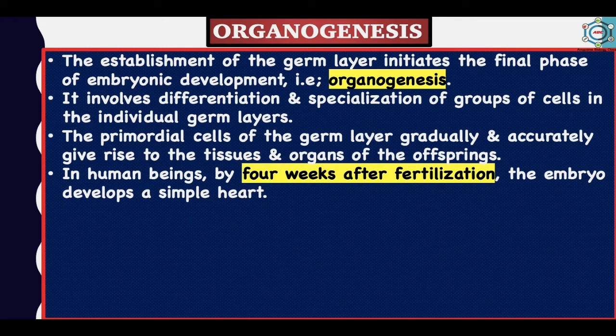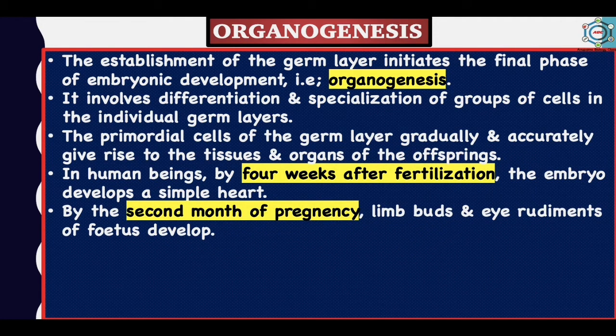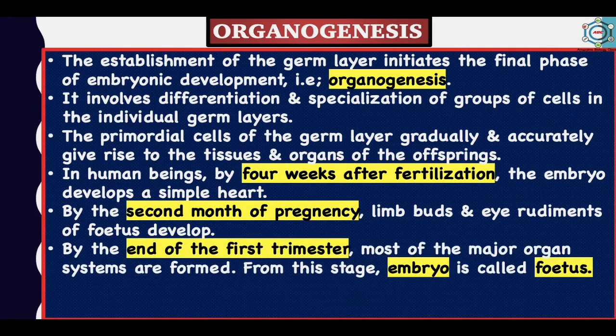In human beings, by 4 weeks after fertilization, the embryo develops a simple heart. By the second month of pregnancy, limb buds and the eye rudiments of the fetus develop. By the end of the first trimester, most of the major organ systems are formed. From this stage, the embryo is called a fetus.